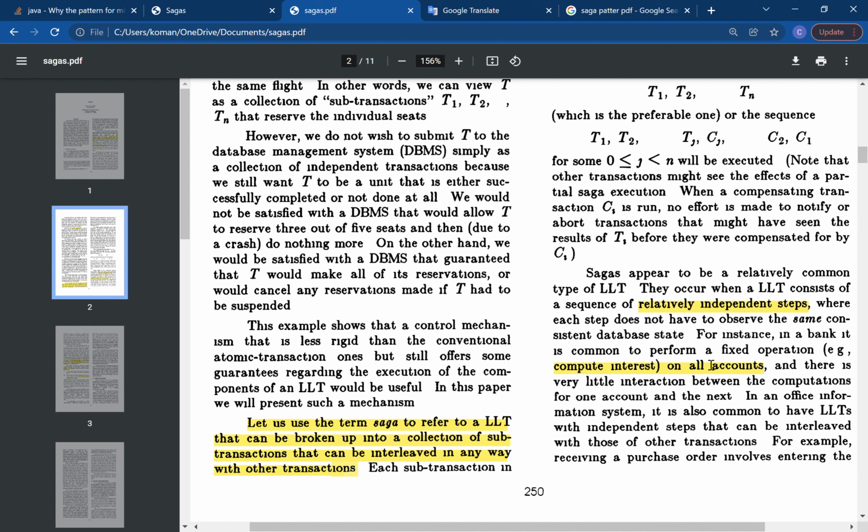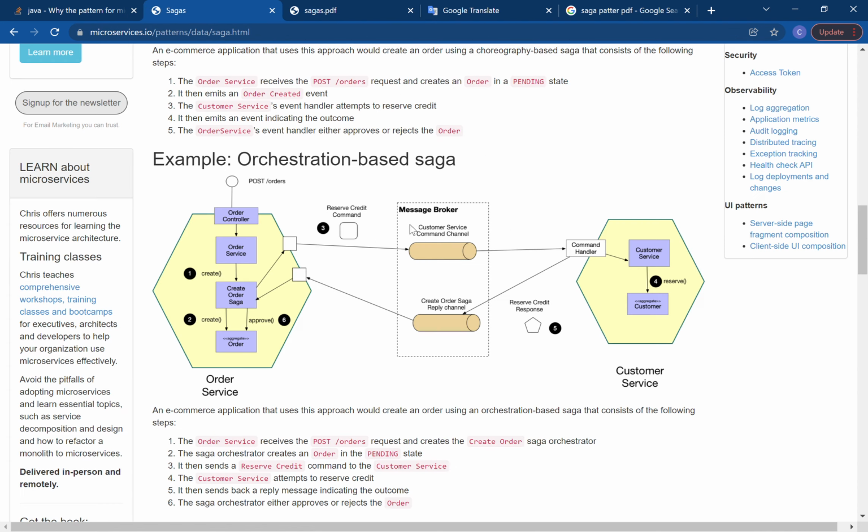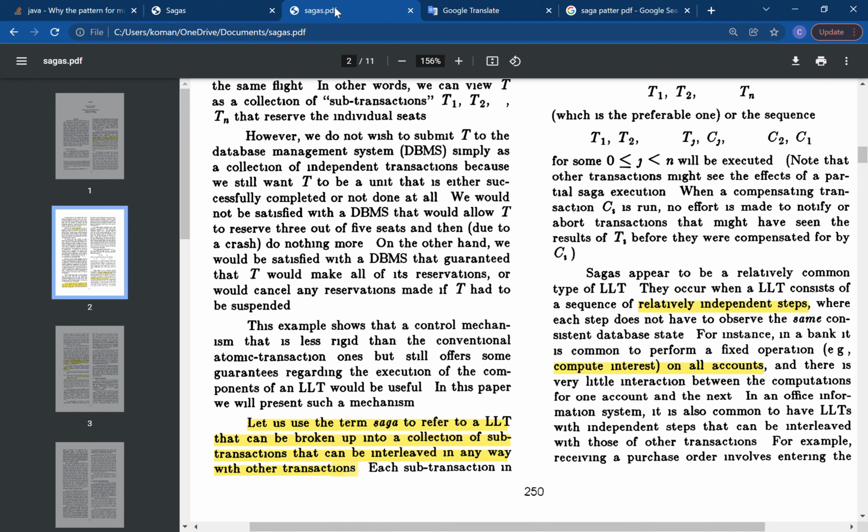One example with compensation you can find in this document, but I just want to highlight another example of the application of saga: computing interest on all accounts in your bank, for instance, for monthly or annual computation, and so on.